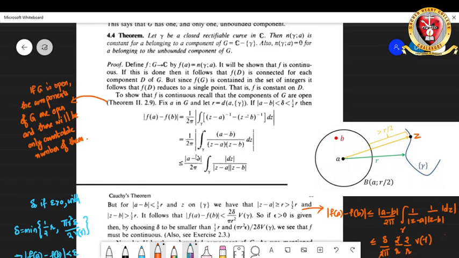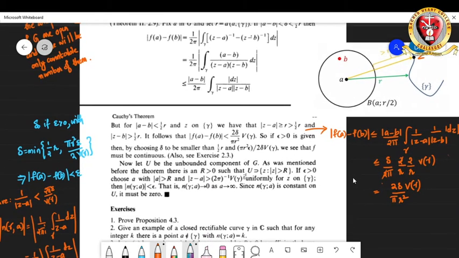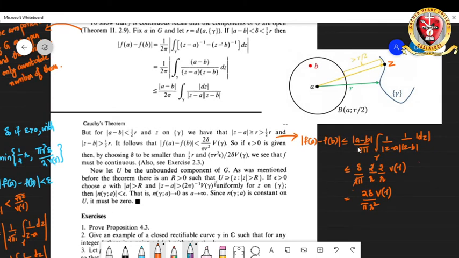Then apply the property of the modulus and the integral sign. You get less than or equal to modulus of a minus b divided by 2 pi, integral over gamma of modulus of dz divided by modulus of z minus a into modulus of z minus b. That is less than or equal to modulus of a minus b divided by 2 pi, integral over gamma of 1 by modulus of z minus a into 1 by modulus of z minus b into modulus of dz.